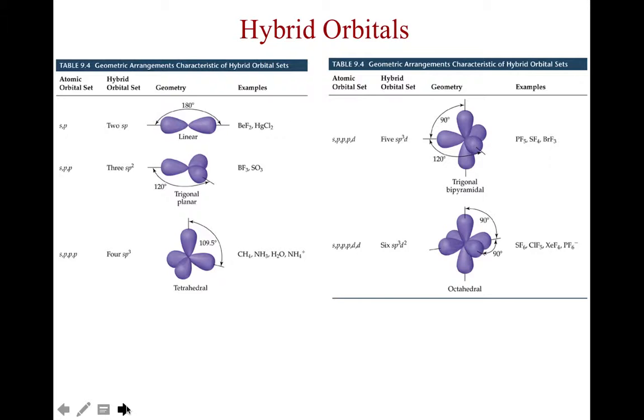When you think about how many hybrid orbitals you're going to have, you need to think about the electron domains. So the number of hybrid orbitals equals the number of electron domains.